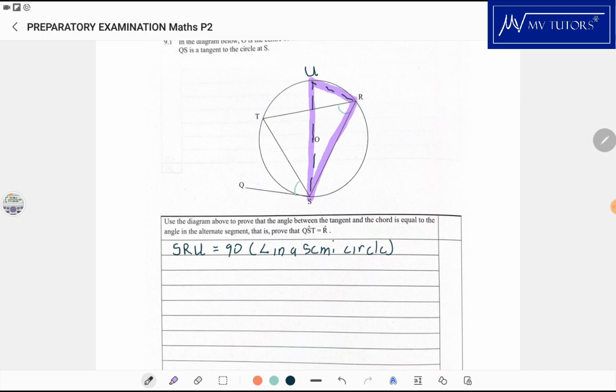Okay, so we've established that. What else is equal to 90? We know that this angle also here, so let me just put that 90 right now.